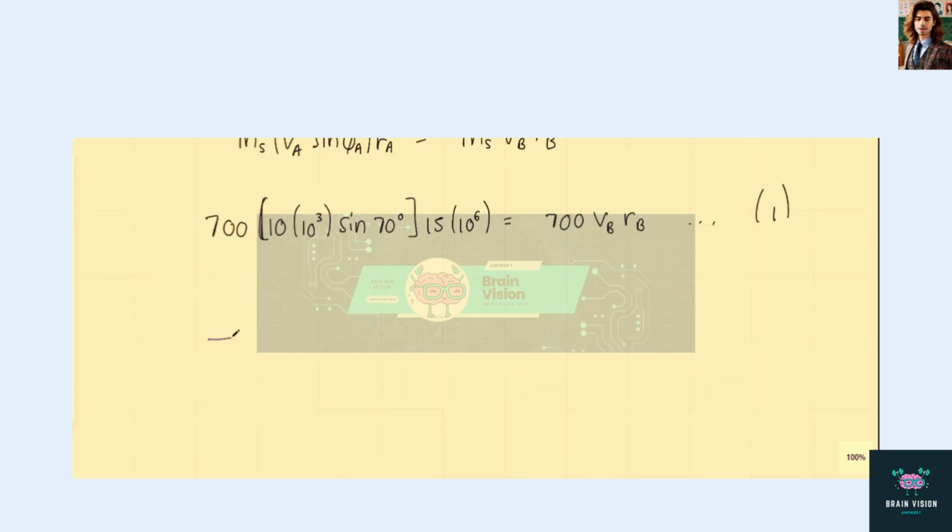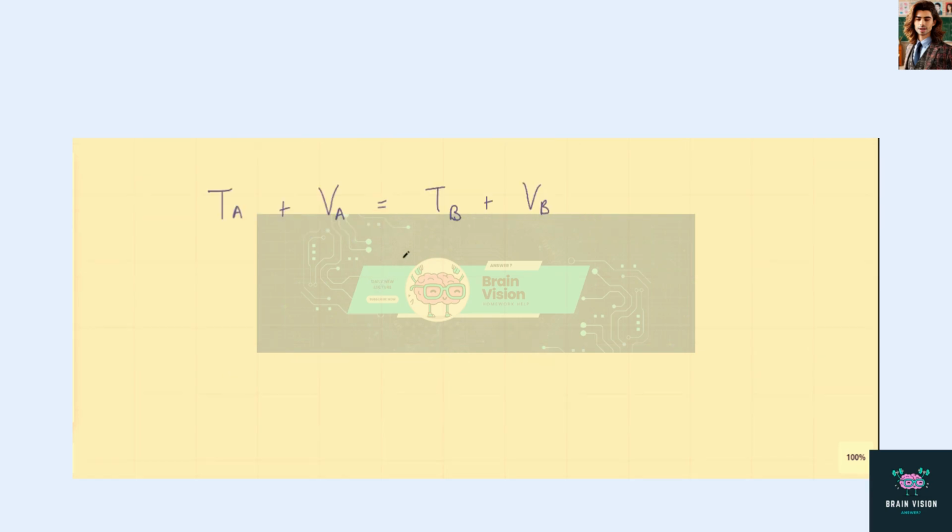Now we'll apply the conservation of energy. The kinetic energy plus the potential energy at point A must equal the kinetic energy and potential energy at point B. So TA plus VA must be equal to TB plus VB. That's the conservation of energy.